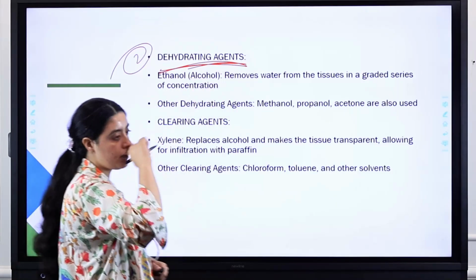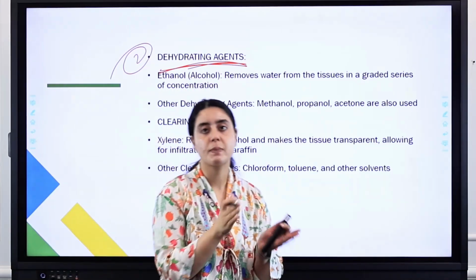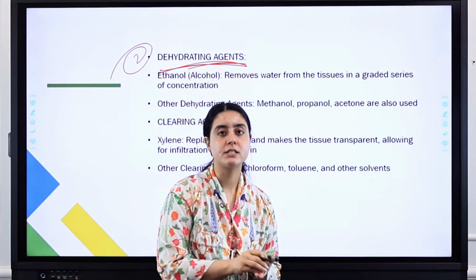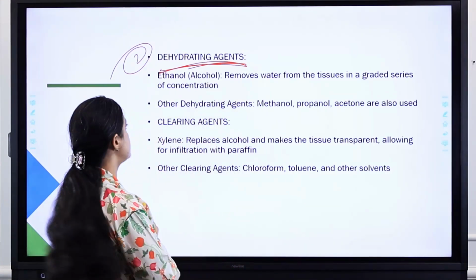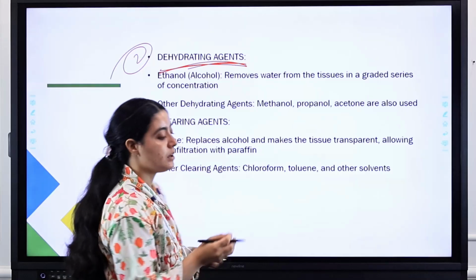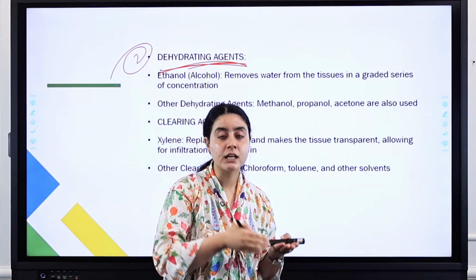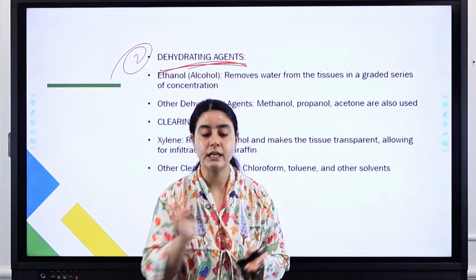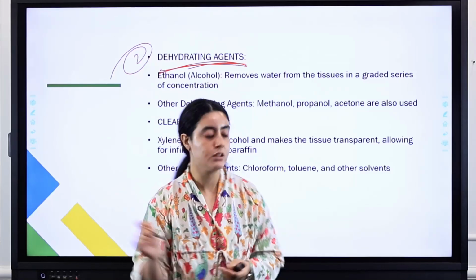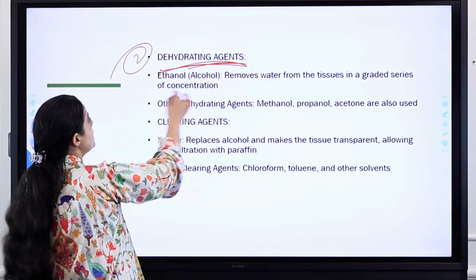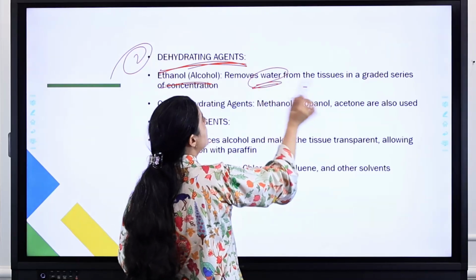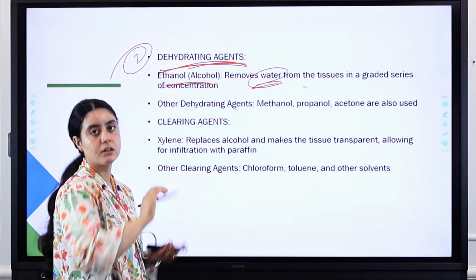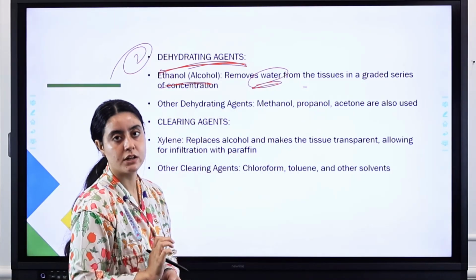dehydrating agents. As there are steps of tissue processing, after fixation we have to dehydrate our samples. In order to dehydrate our samples, we pass them through increasing concentrations of alcohol. How? Ethanol removes water from the tissues in a graded series of increasing concentration.